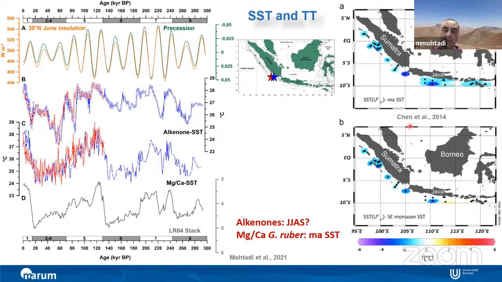A PhD student back then in 2014 was looking at the core tops, basically surface sediments in this region, which were mostly dated. So we were confident that they are post-bomb and can be compared to the instrumental data. The alkenone-based temperature reconstruction from these core tops matched, particularly in the monsoon region over South Indonesia, much better to the Southeast monsoon temperatures.